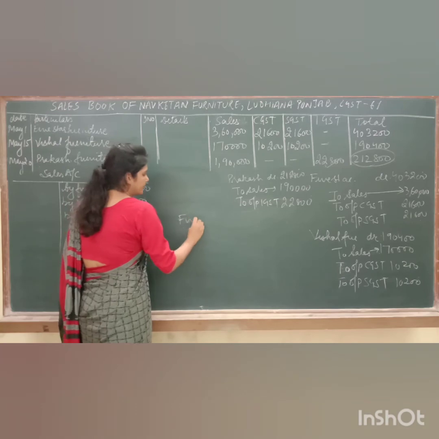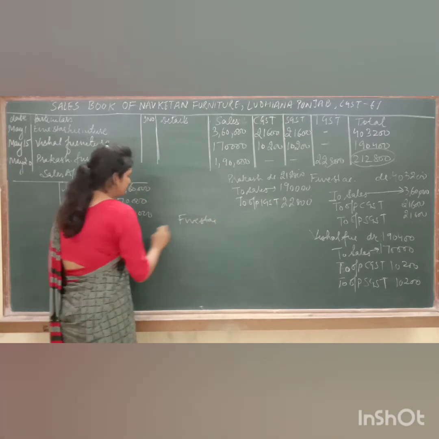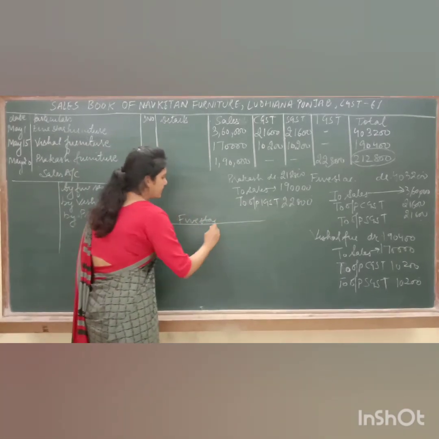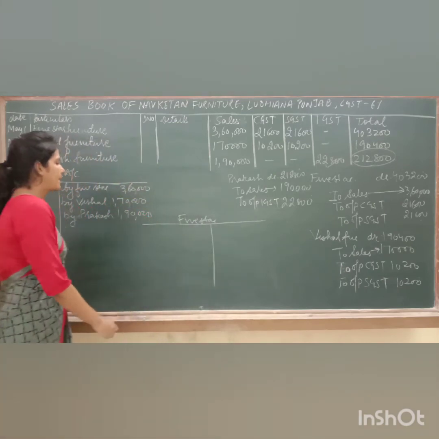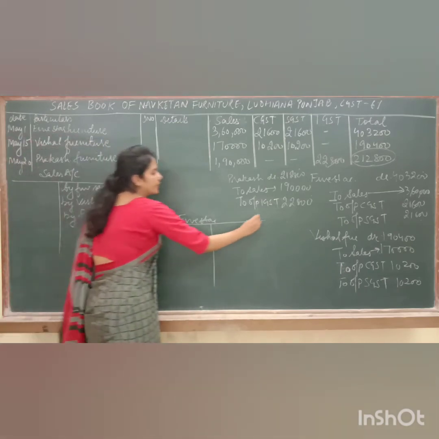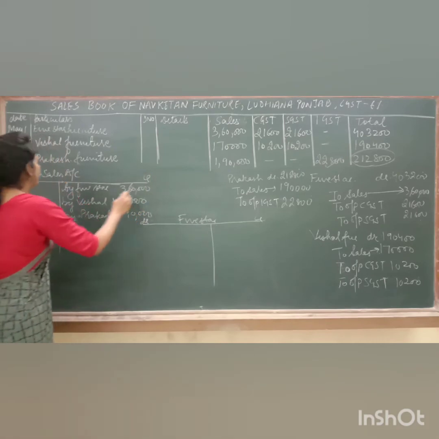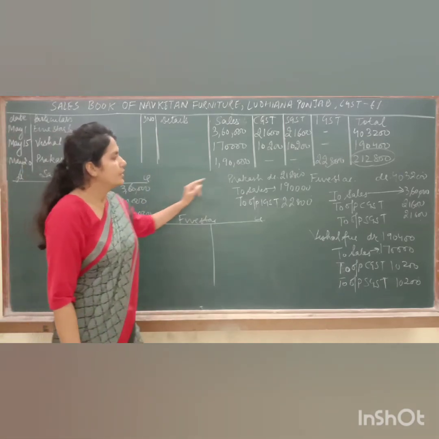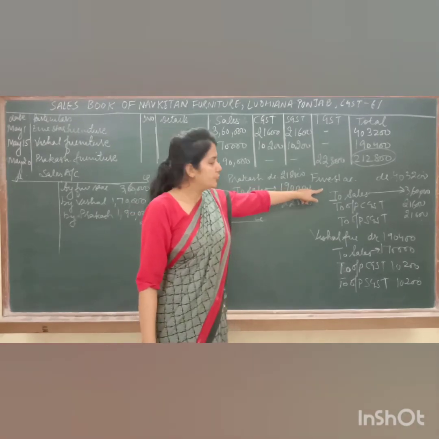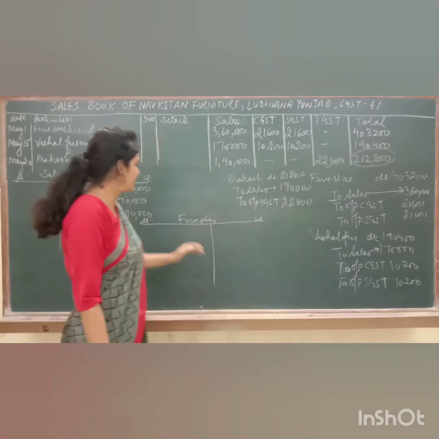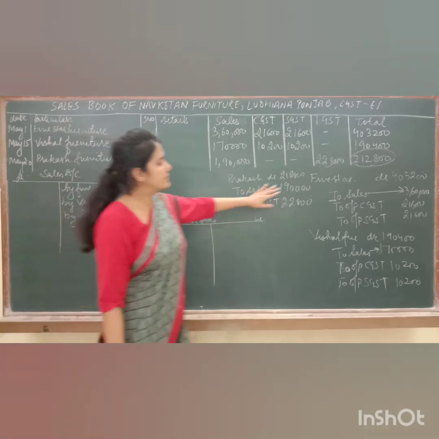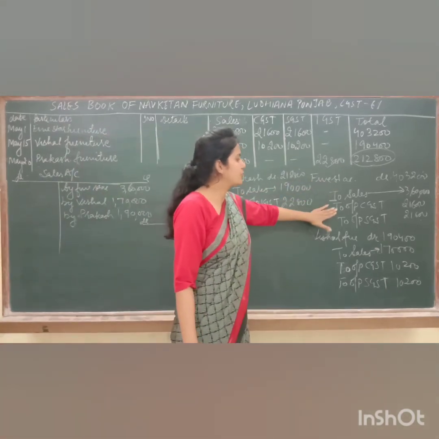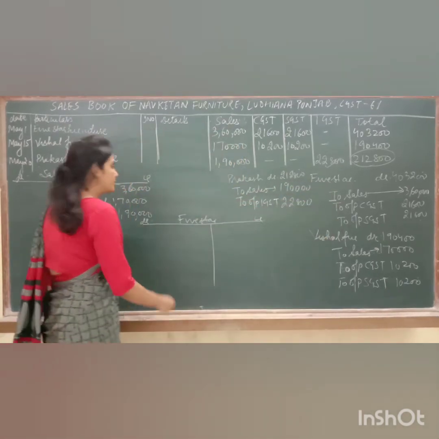Again Five Star Furniture. Debit side, credit side. See, students, you have to make the complete format, that you have to make every time. Five Star Furniture has been debited. You can see in the journal entry. So the entry will be on the debit side. It has been debited by sales, by output CGST, by output SGST.